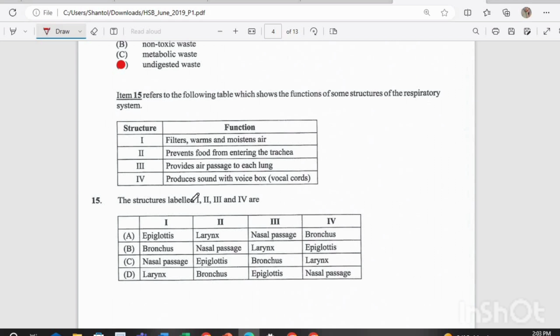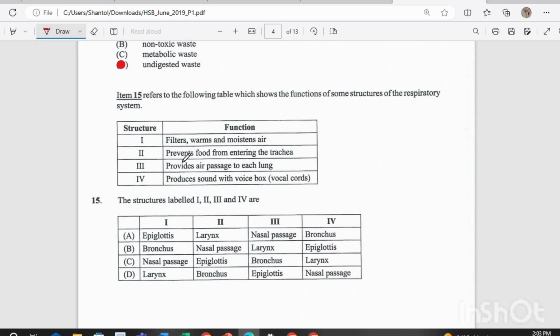So the structures labeled 1, 2, 3, and 4 are... So here are the numbers and here are the possible parts that they ask you to match with each number based on the function given. Now the answer could only be C, and the reason is because the nasal passage is structure 1 as it filters, warms, and moistens air.